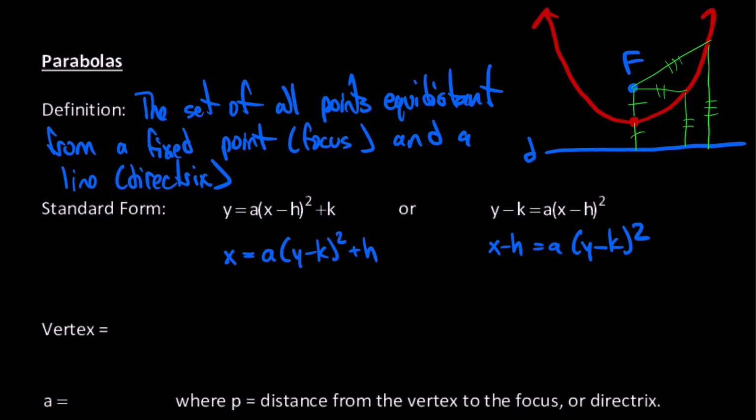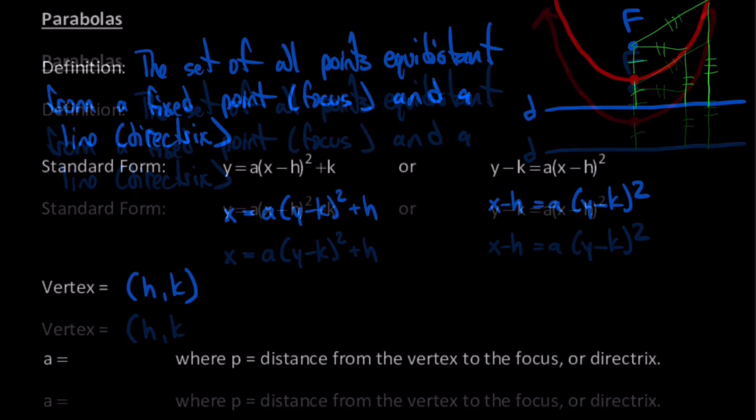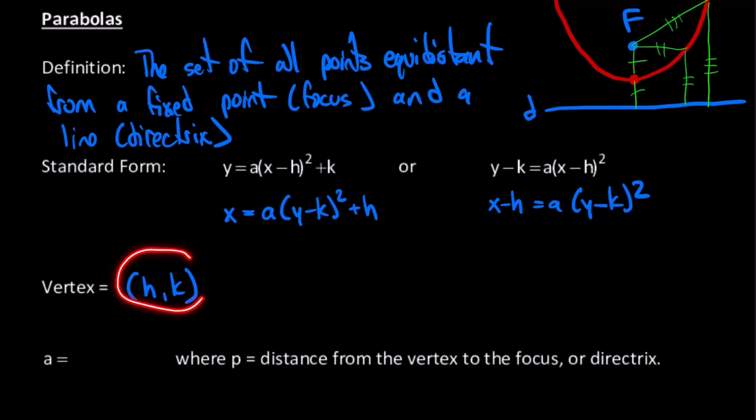So the vertex in all four of these is going to be h, k. What I want you to notice here is the vertex is always h, k. H is always with the x, and k is always with the y. It doesn't matter which version of the equation you're using.